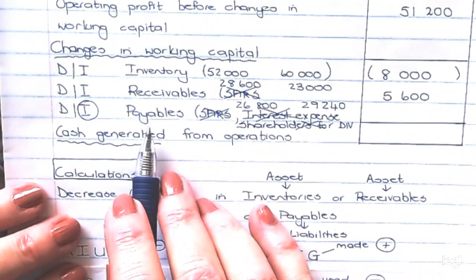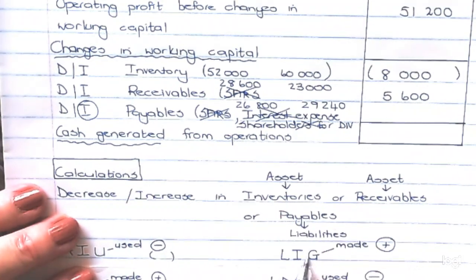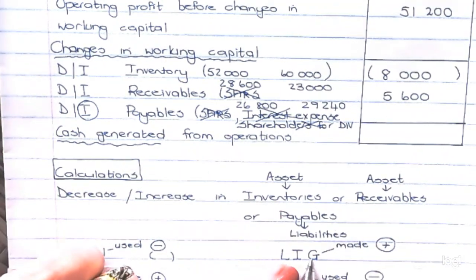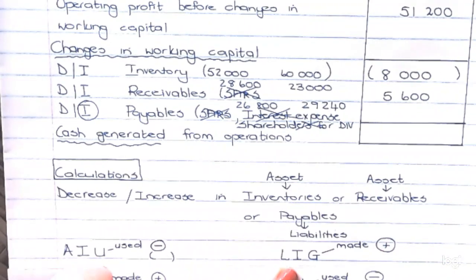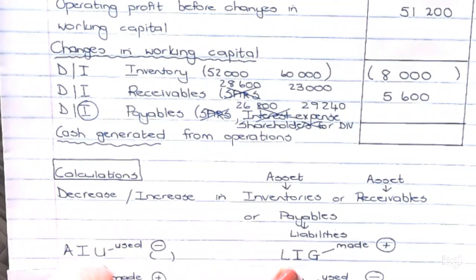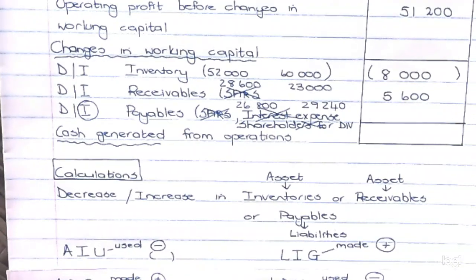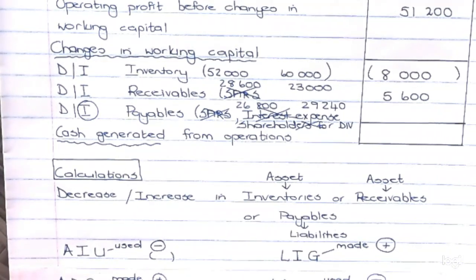And if my liability, my payable, has increased, money is generated, so money is made. Let me just quickly calculate that. 29,240 minus 26,800 is 2,440.